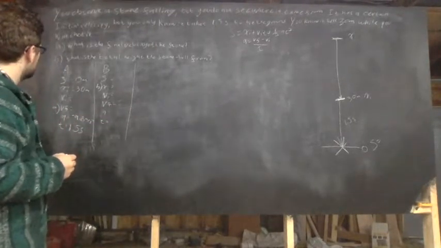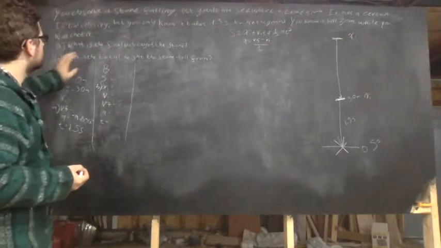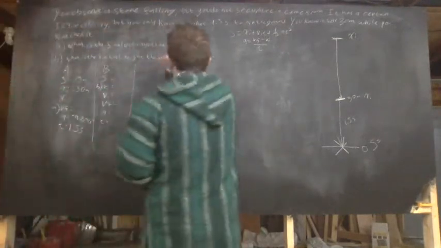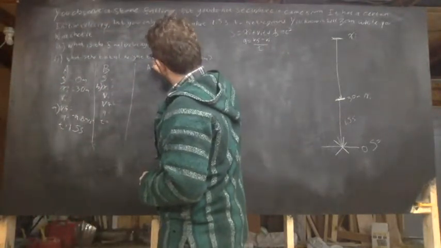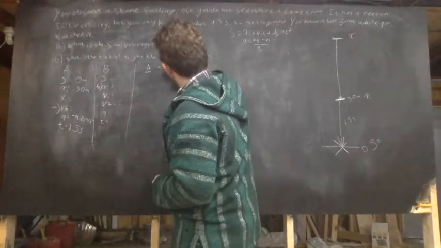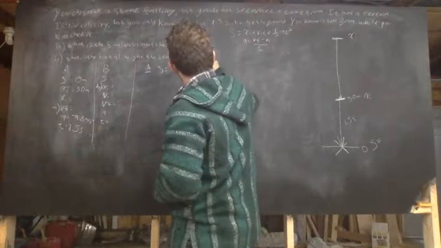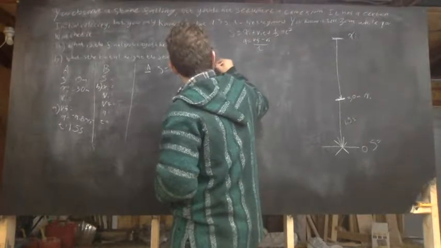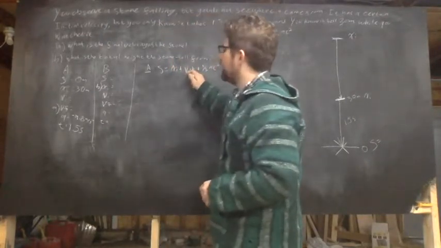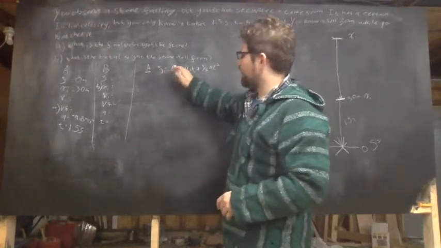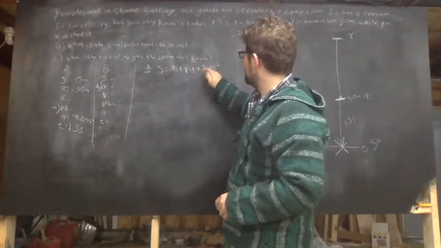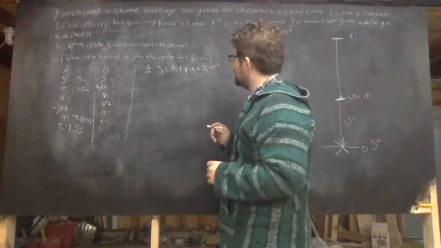All right. Well, this is great. For part A, I can do S equals xi plus VI T plus 1/2 A T squared and solve for VI. Because I have an S, I have an XI, I have a T, and I have an A. So let's go ahead and do that.